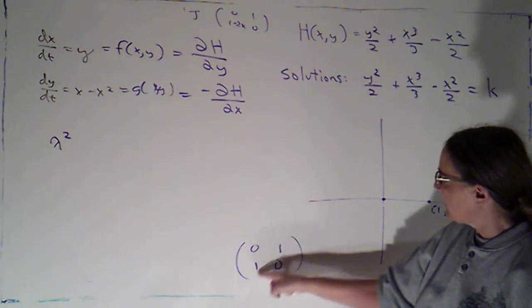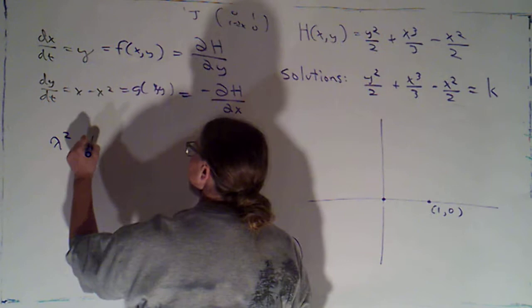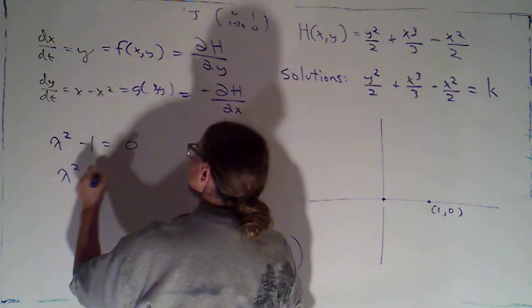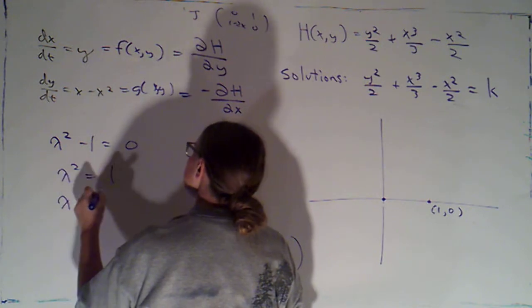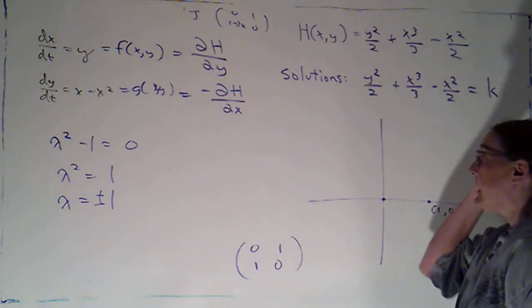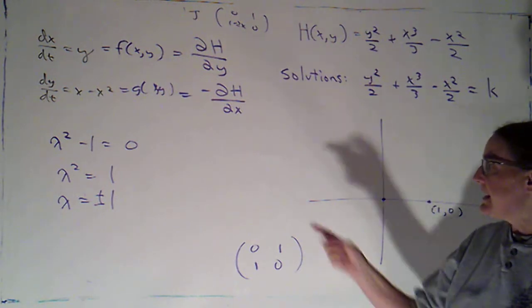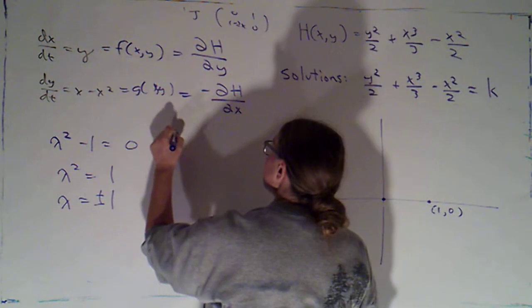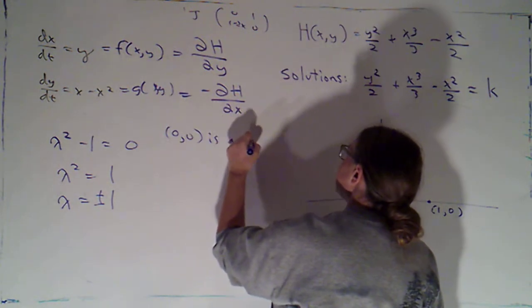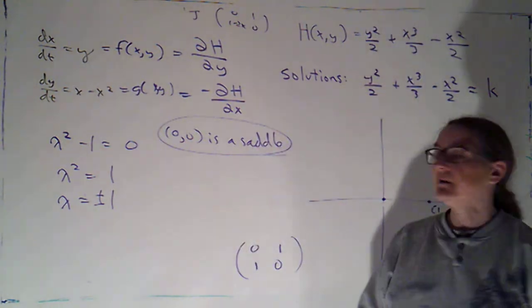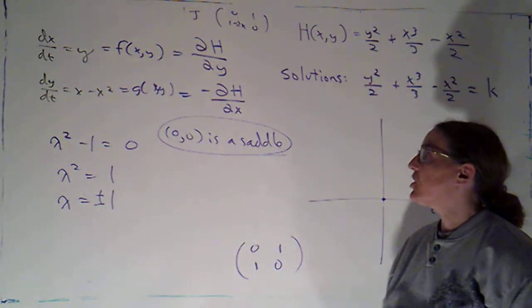Determinant is nothing minus 1, so we get lambda squared minus 1 is equal to 0. So lambda squared is equal to 1, so lambda is going to be plus or minus 1. Now, what that tells me is that this is going to be a saddle. Okay, so 0, 0 is a saddle. And that is a case where the linearization works.